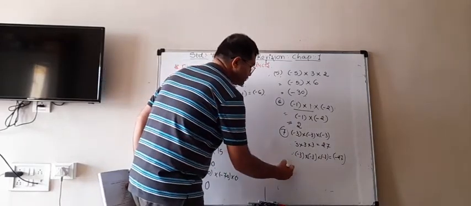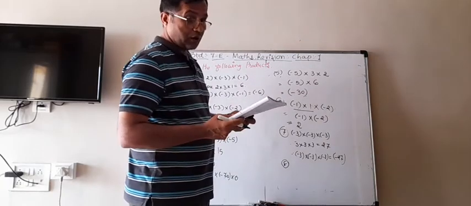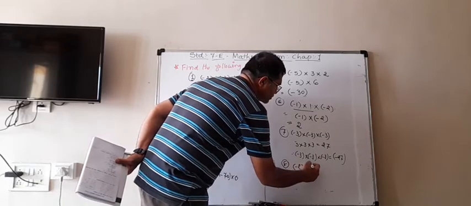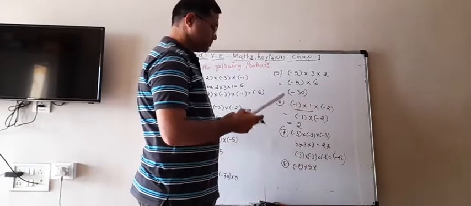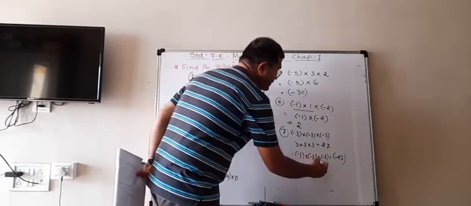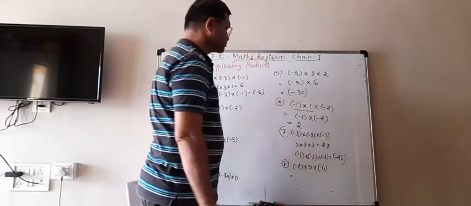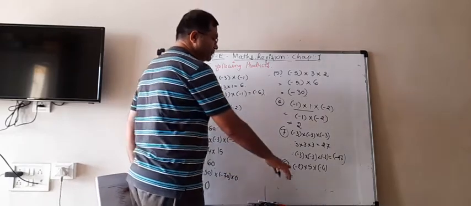And the eighth sum, minus 2 multiplied by 5 multiplied by minus 4. So here first we will multiply.